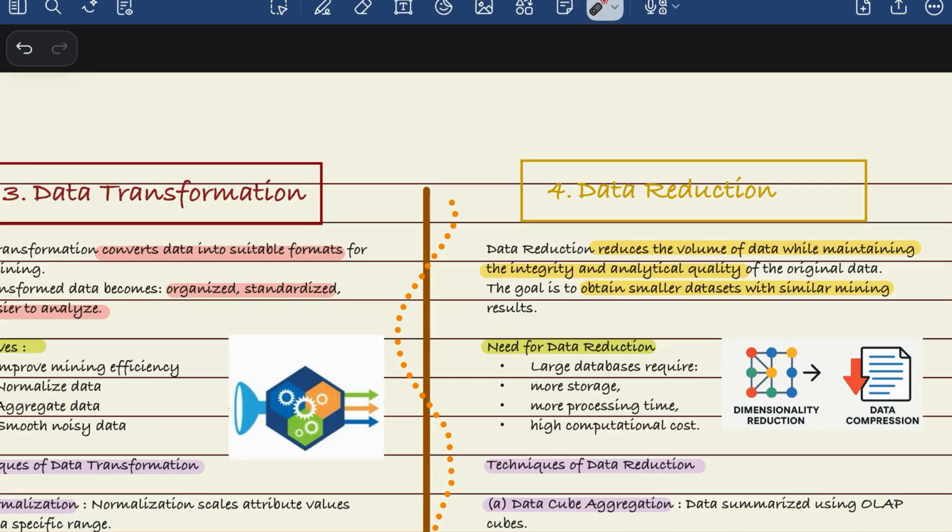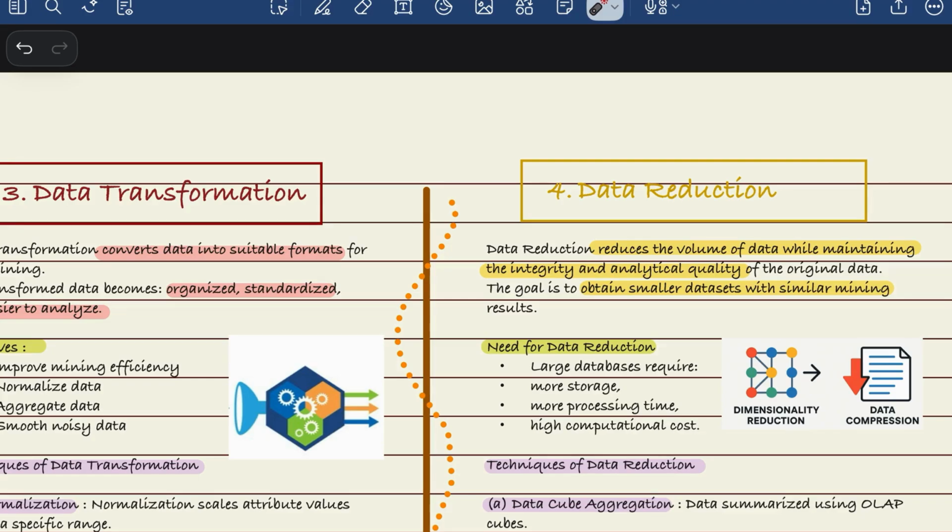That is why it is very important to shrink the data, to reduce the volume of the data, while maintaining integrity. We make sure that the essence of the data is not lost. All right, so the goal is to obtain a smaller data set with similar mining results, so the insights are not affected by the data reduction.